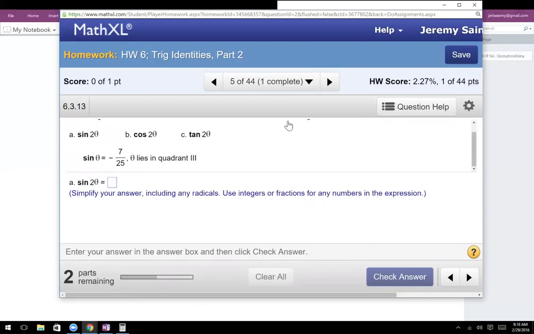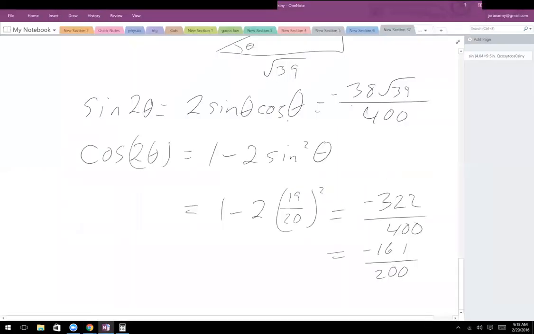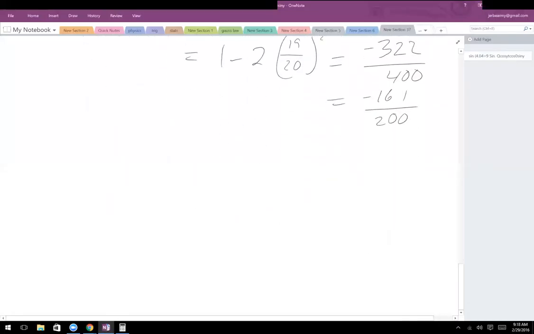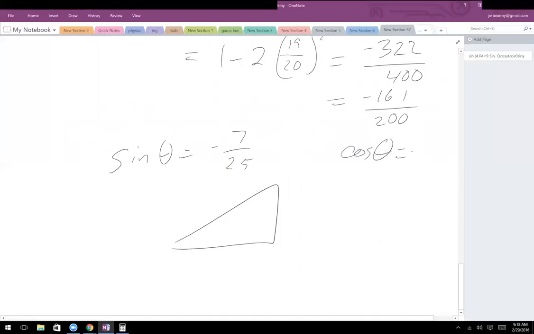Okay. So sine is 7 over 25. This one's nice because it'll come out even. So cosine theta is, well, 25, 7. 625, if you punch it in, that should wind up being 24.